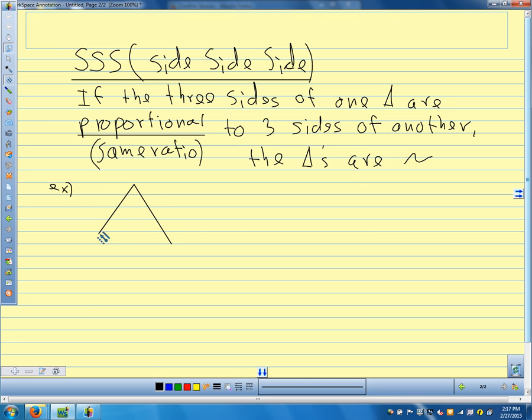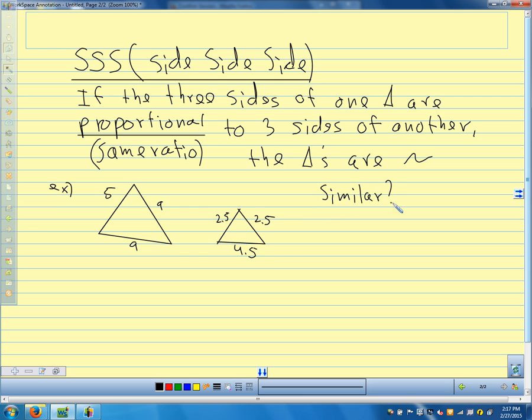Here's one triangle. These are not drawn to scale. So again, we want to know, are these similar?